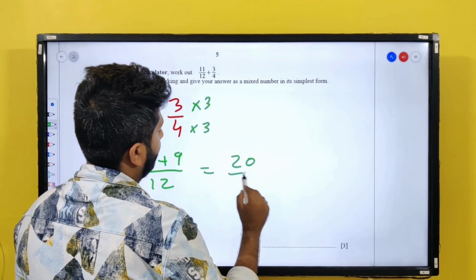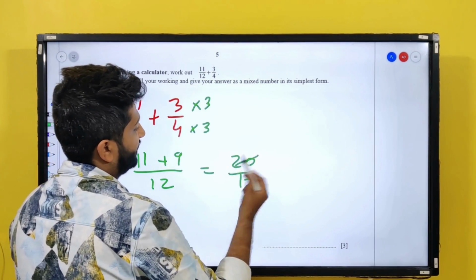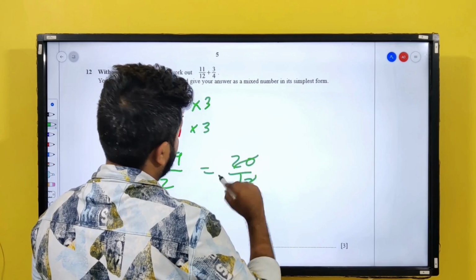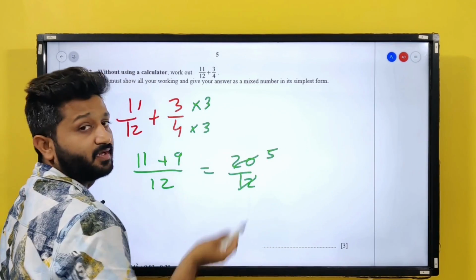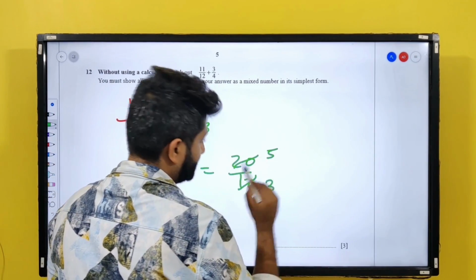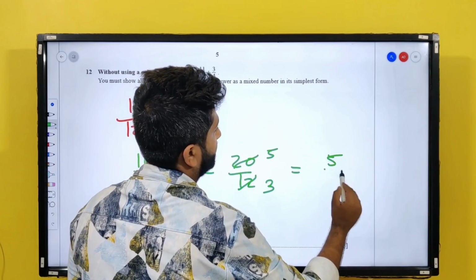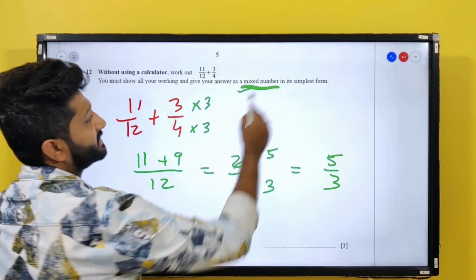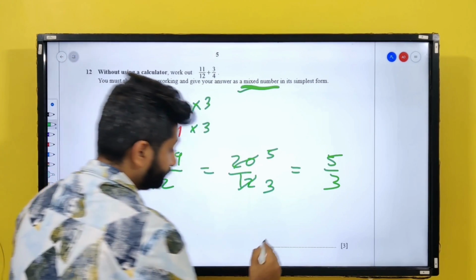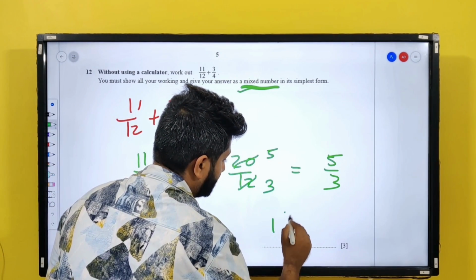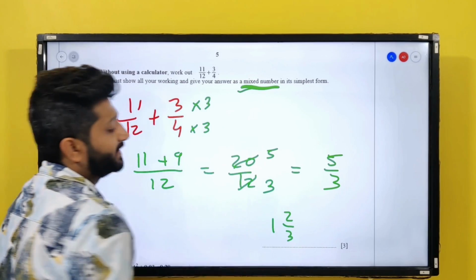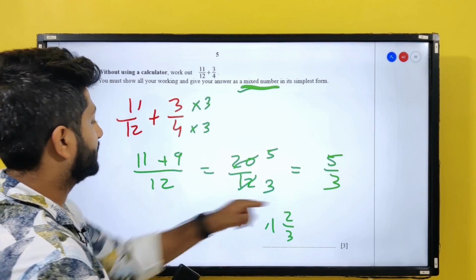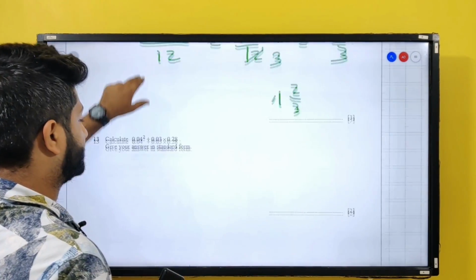So 20 upon 12. 4 5s are 20, 4 3s are 12. So you have 5 by 3. But make sure you are supposed to write the answer as a mixed number. So this is going to be one integer 2 by 3. 3 ones are 3, 3 plus 2, 5 by 3.